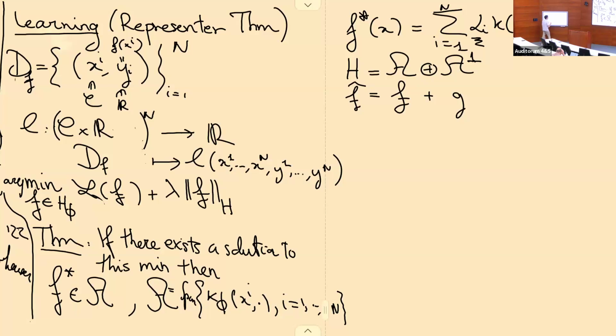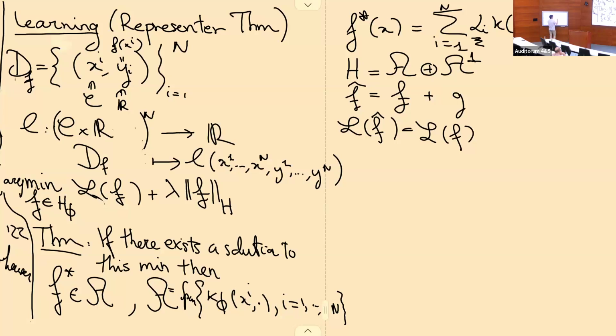But anyway, you can decompose any element of h in this way, and then you realize that L of f hat is just L of f, because g annihilates all the points in your data set, right? So the loss function doesn't see the orthogonal part.